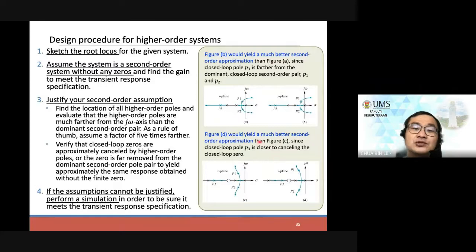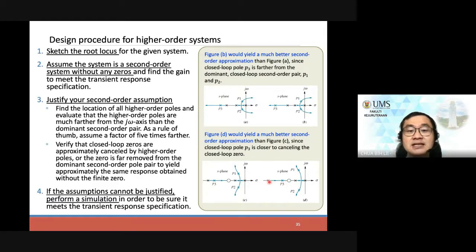The second one would be that figure D would yield a much better second order approximation than figure C, since P3 is closer to the cancelling zero, either away from the dominant pole or close to the zero, because we can see that this is the direction of the root locus, from this pole to the zero.